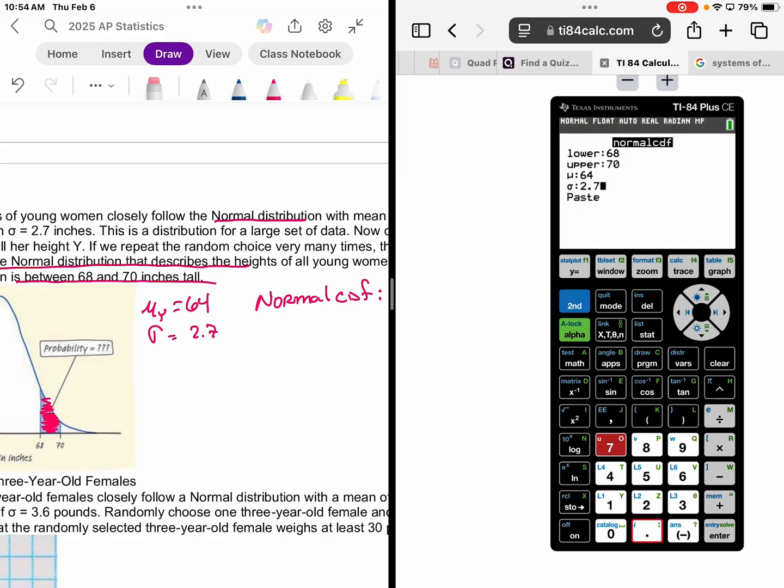You could have standardized the 68 and 70 and then just used 0 and 1 for the mean and standard deviation. But again, we don't have to. Let's just use what they have. It makes it easier on us. And here we go. So we get 0.0561. So there's a 5.61% chance.